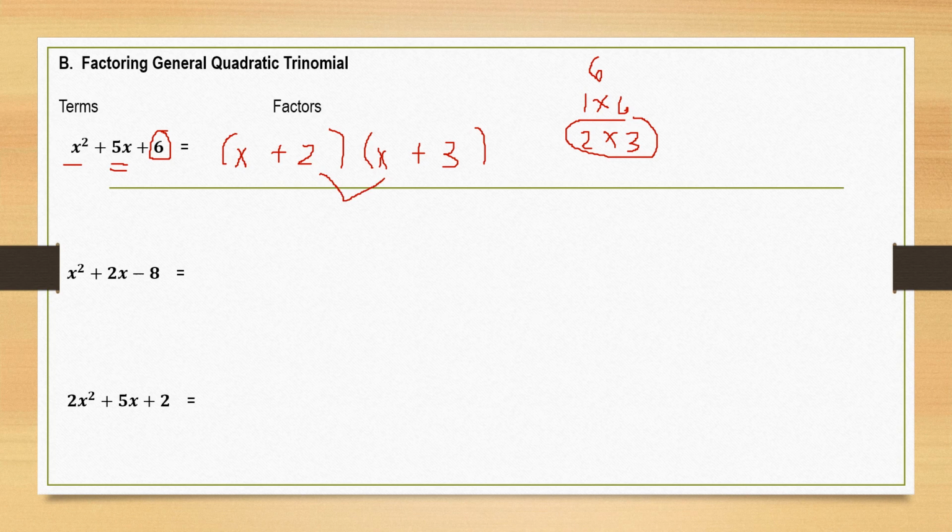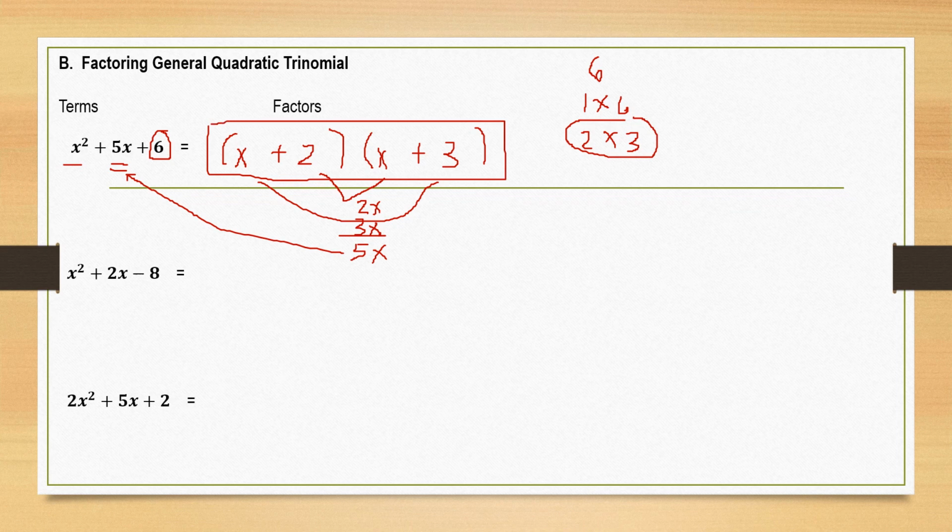To check, we multiply the inner terms and the outer terms. 2 times x, 2x. x times 3, we have 3x. If you add the two, it must match the middle term. Since it matched the middle term, therefore, these are the correct factors of x squared plus 5x plus 6.